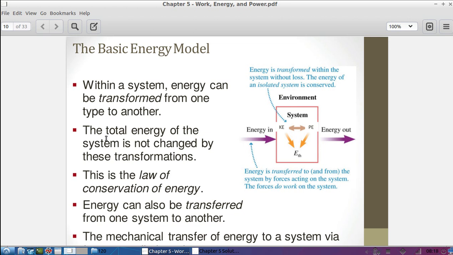We can't really measure energy unless it's moving in and out of a system, so it's very difficult to say how much energy something has or observe an amount of energy unless it's being transferred into or out of a system.